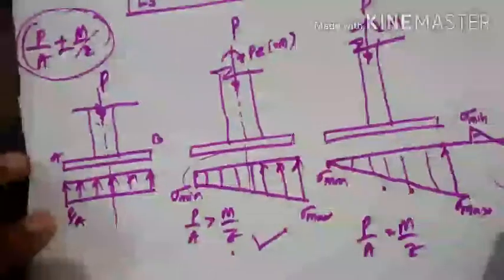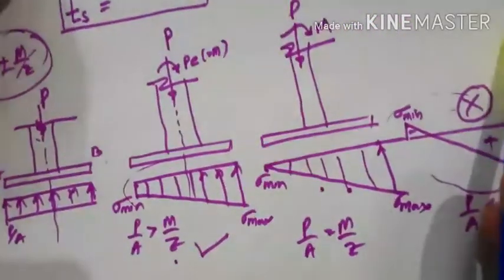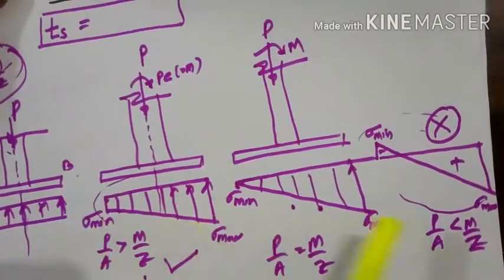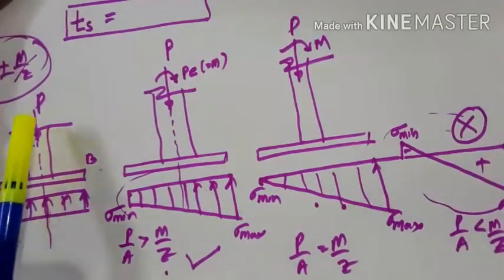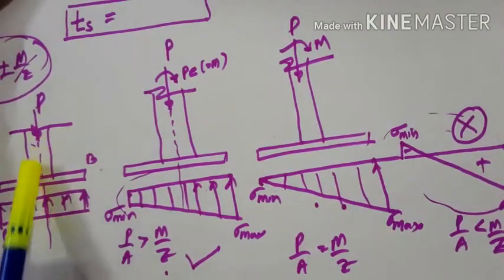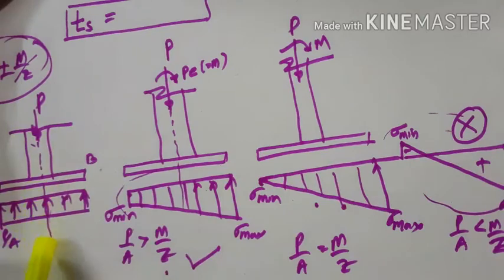And also in the previous lecture we discussed the various cases of how the pressure will be acting underneath the column. If the column is carrying only the axial load, that is a direct load, only direct stresses will be acting underneath the column. This is a uniform stress.